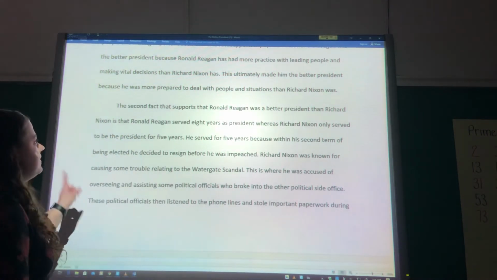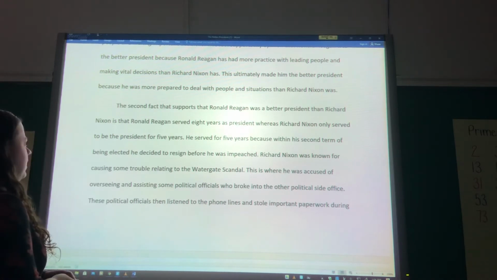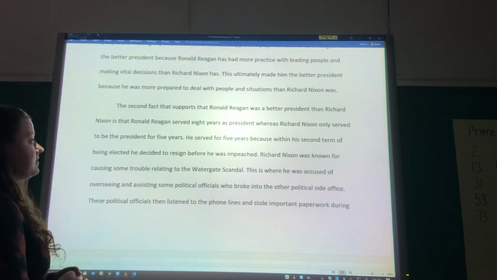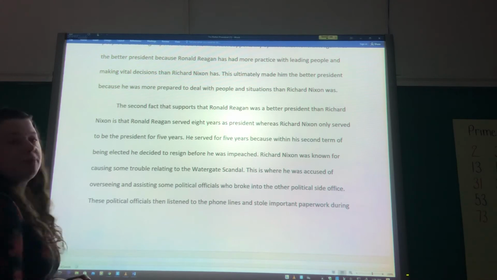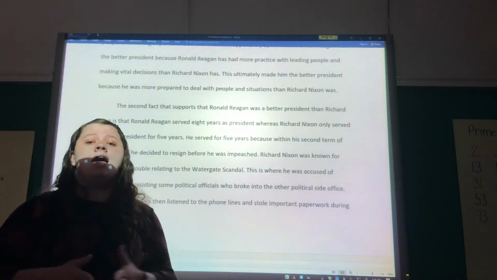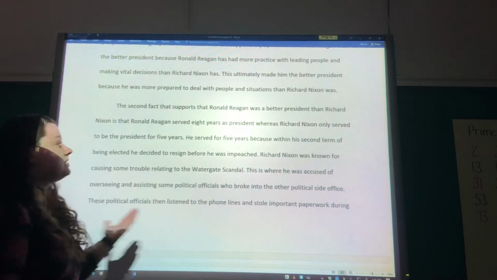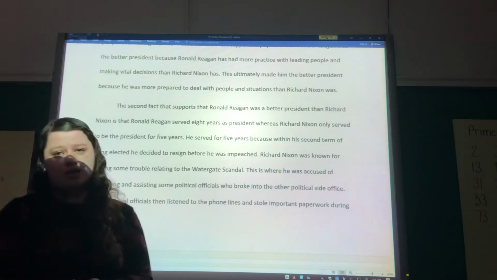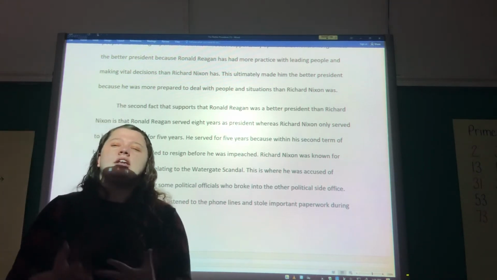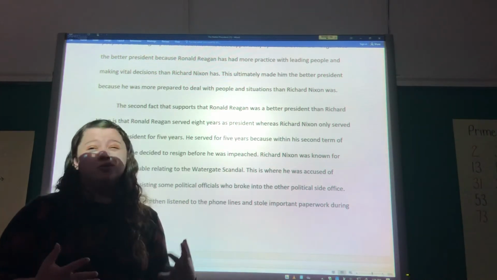So as you see here, the second fact I had was that Ronald Reagan was a better president than Richard Nixon because he served 8 years as president, whereas Richard Nixon only served 5 years. So this paragraph is all about how Ronald Reagan was in office longer and Richard Nixon was not. The reason why was the Watergate scandal, which you may have heard about in social studies. The Watergate scandal was really a political scheme.